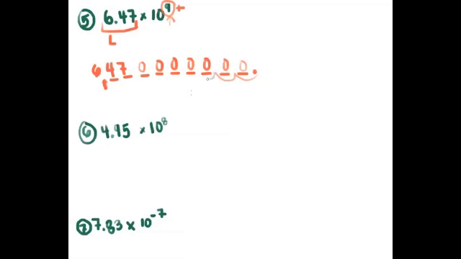So 1, 2, 3, 4, 5, 6, 7, 8, 9. Okay, so that matches the exponent in the original problem, and then the 6 would be first with the decimal, and then 4, 7.